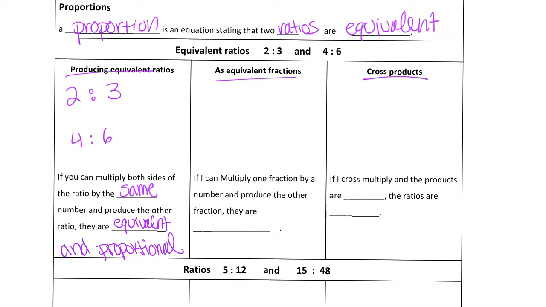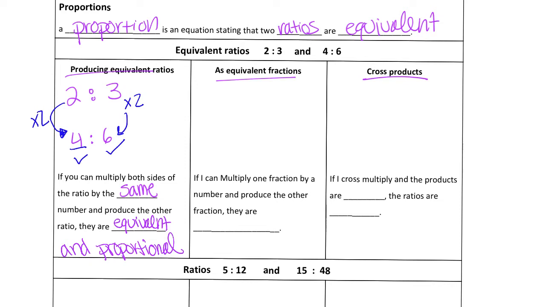Okay, so I'm going to start on the left. How do I go from 2 to 4 by multiplying? Well, that's times 2. 2 times 2 is 4. That side is equivalent, and I have to use the same number. So is 3 times 2 6? Yes, 3 times 2 is 6, so they are proportional.